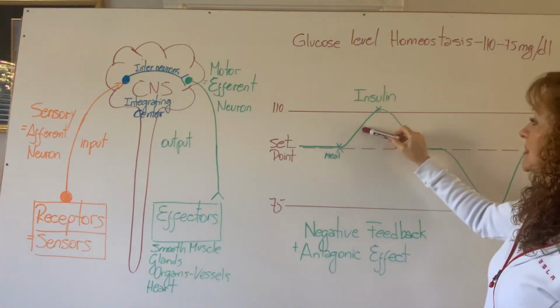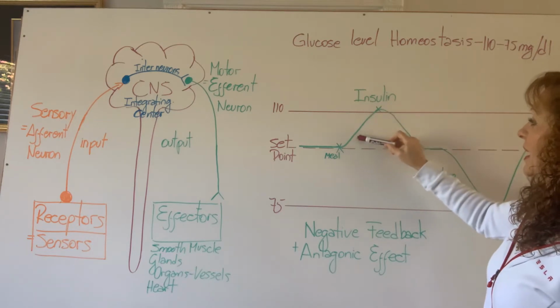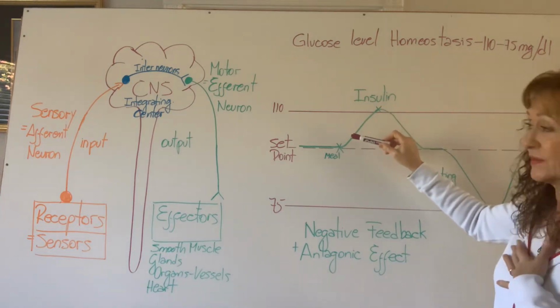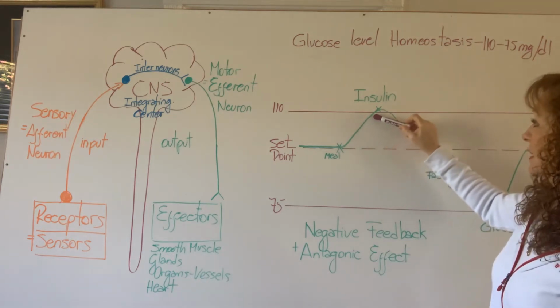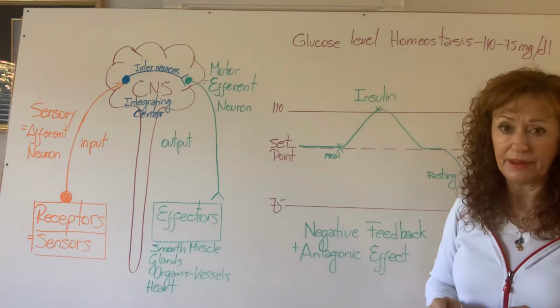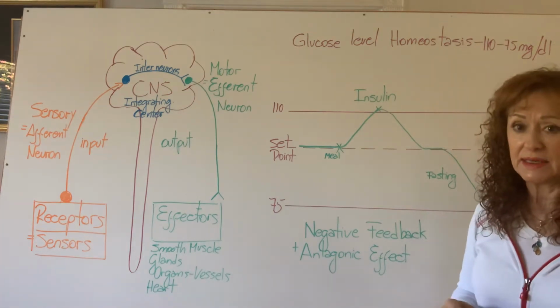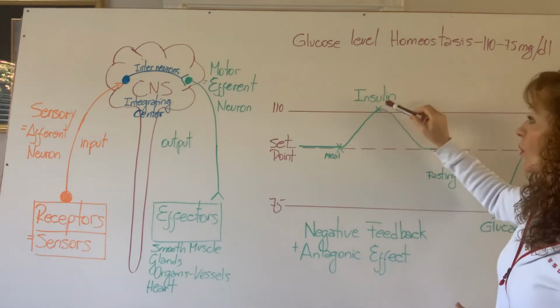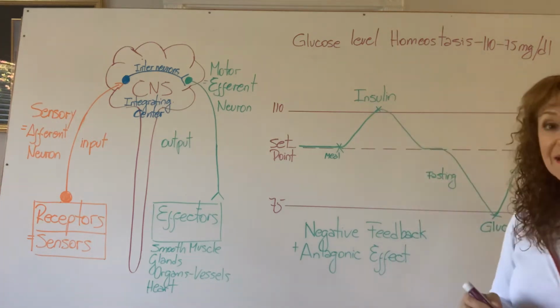By increasing the glucose level, my glucose after a meal increases and reaches the highest number.